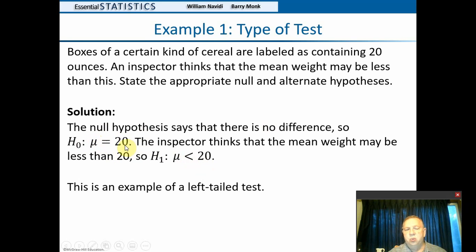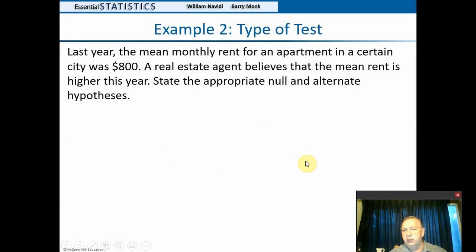So here's my H1. H0 always goes with the thing with the equality. The alternate H1 is always the thing that doesn't have the equality, but this tells us the version of the test. I always want mu less than, greater than, or not equal to a number, and that tells me it points to the left, so it's a left-tailed test that we're going to run. And we'll develop that as we go.